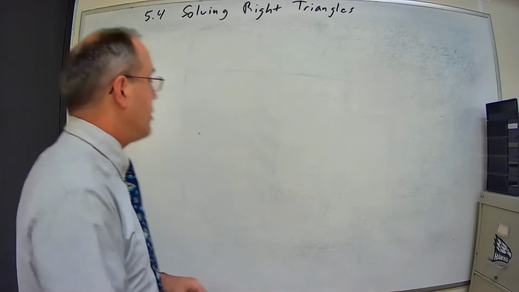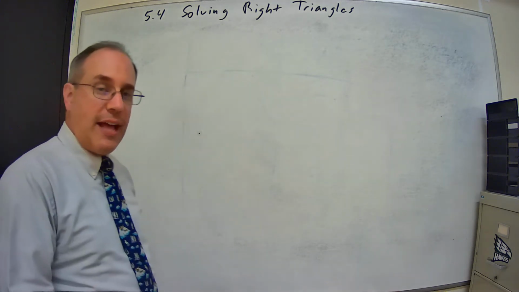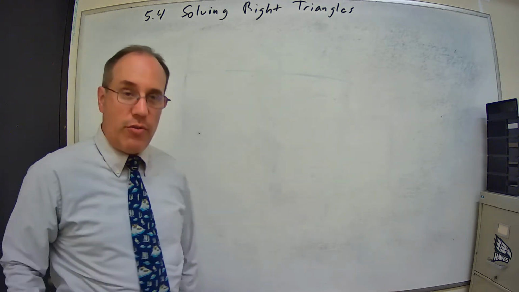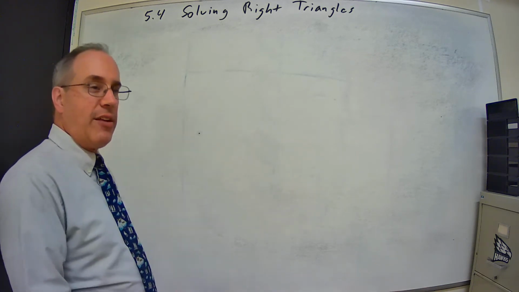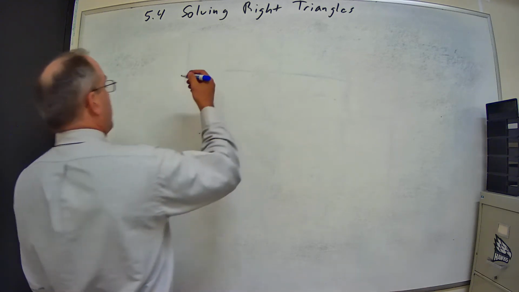Okay, so now what we're going to do is we're going to look at solving these right triangles. And let's say we have one angle and one side of a right triangle.